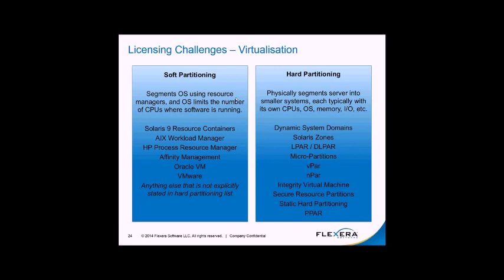So do you need the Oracle blade to be able to identify soft partitioning versus hard partitioning? You don't necessarily need the Oracle blade to identify it. You obviously need it to give you the license position against it. But you can have the conversation, because depending on the environment, you won't necessarily know. You may actually pick up things like LPAR and DLPAR in the reports, so you may be able to see that you've got a hard partition or a soft partition.